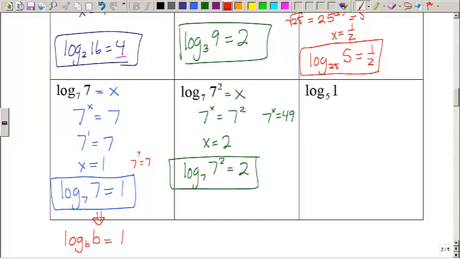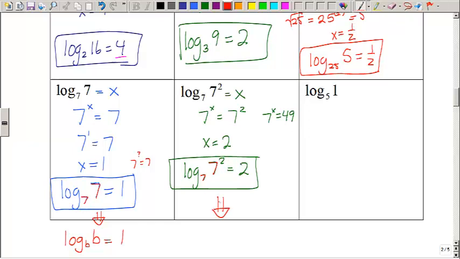Just like in our last example where the 7 base and the 7 argument, it really didn't matter that these were 7s. It just mattered that they were basically the same value, that the base and the argument were the same value. Same thing's happening here. As long as this base, 7, and the base of the argument, 7, are the same, my answer is going to be the exponent.